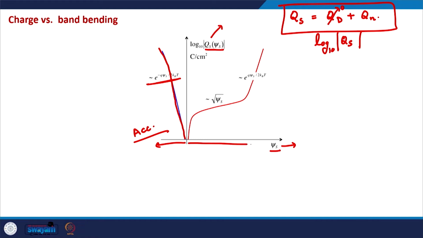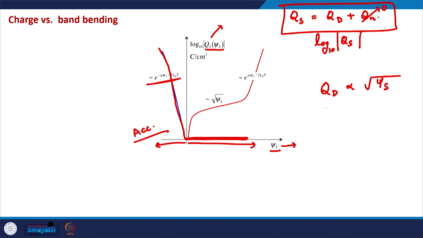In the positive half, when psi s is positive, initially there is the depletion of holes and the inversion charge is very less, and in that case this Qn is negligible as compared to Qd, and the only charge that is there is just the Qd charge. And the Qd charge, as all of us know, is related to psi s in this way.